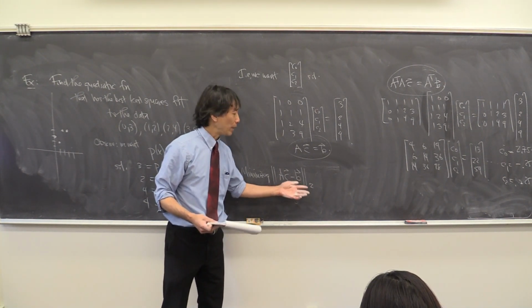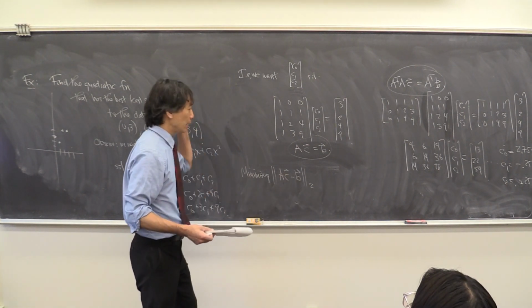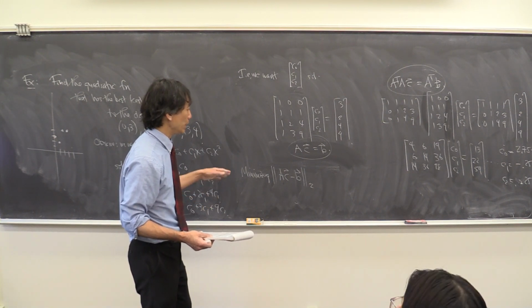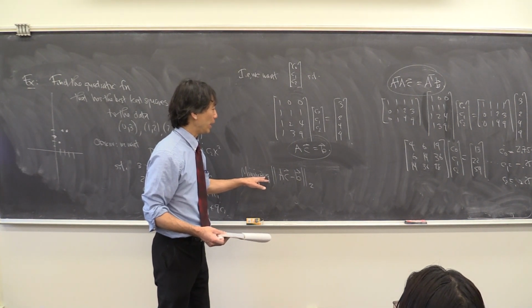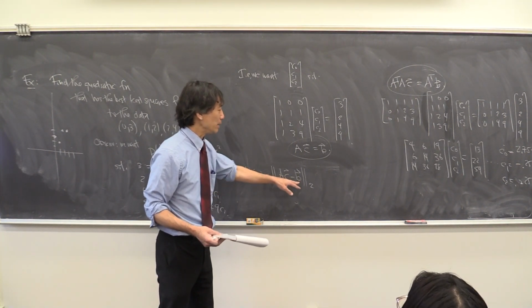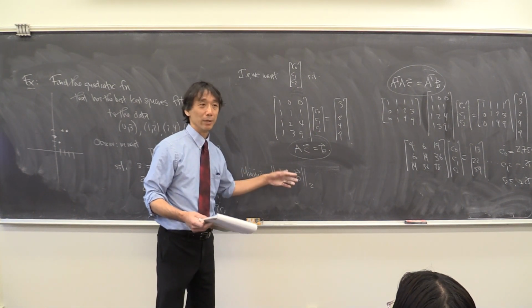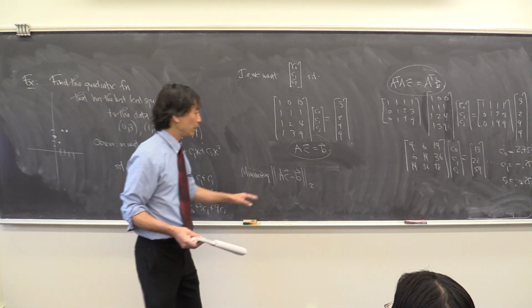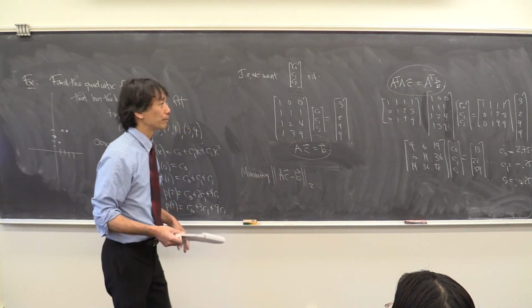If you define distance in a different way, you get a different answer. A lot of machine learning is basically trying to find the best answer by minimizing a certain kind of error, but not necessarily the Euclidean error, but some other error.